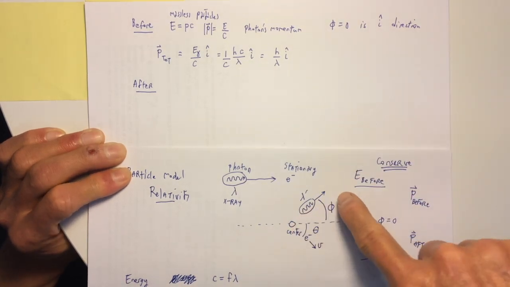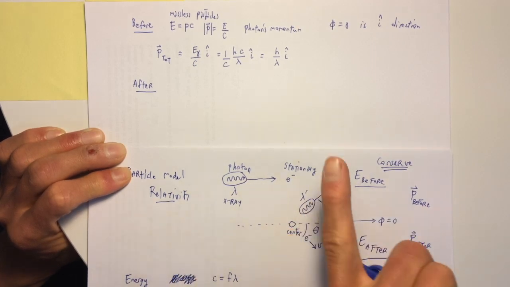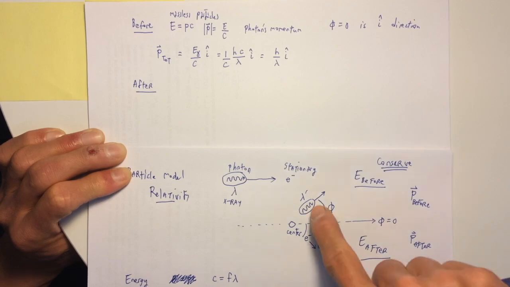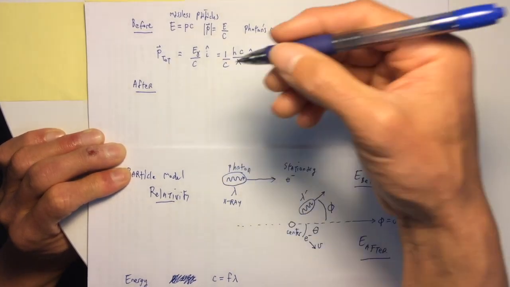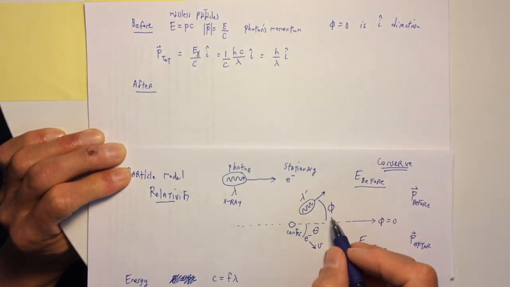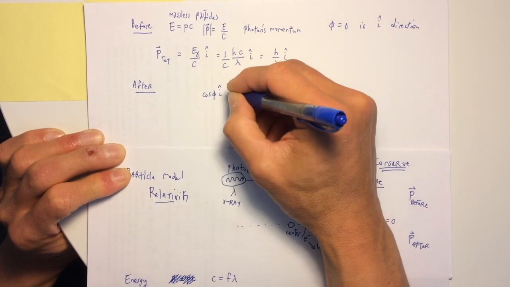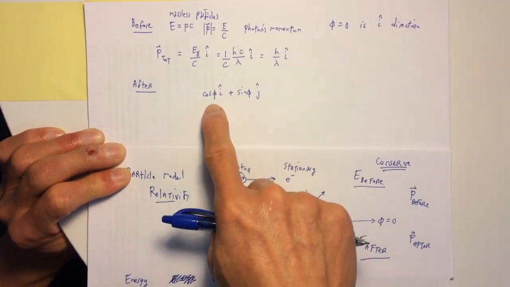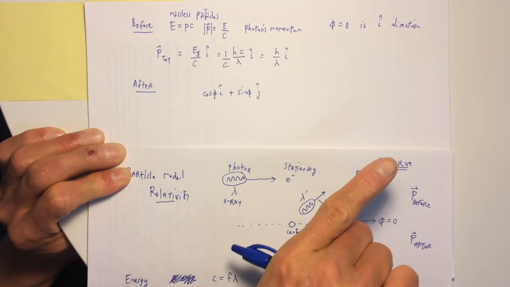I've got a photon heading off at angle phi. So that's a mixture of i hat and j hat that's governed by phi. So this direction is cosine phi i hat plus sine phi j hat. That's the unit vector that points in the right direction.